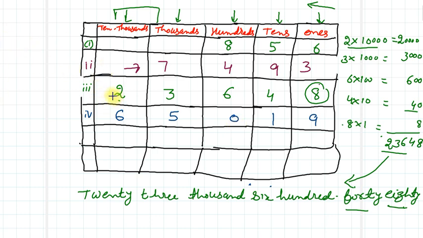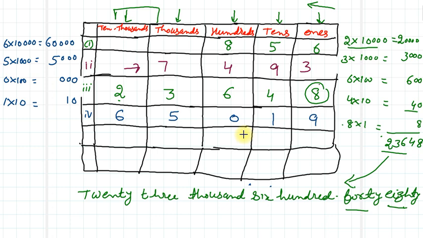So 6 10,000s, here I will write 6 into 10,000, so this has become 60,000. 5 thousands, so 5 into 1,000 is 5,000. 0 hundreds, so 0 into hundreds, if we multiply anything with 0, then it would become 0, right? 1 into tens has become 10.